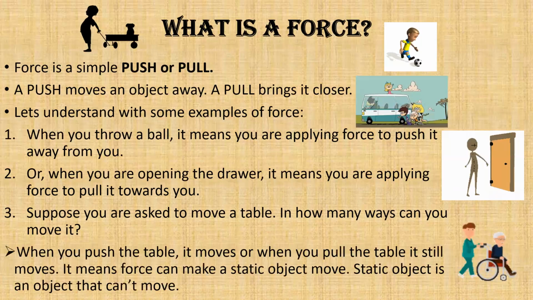When you push the table, it moves, or when you pull the table, it still moves. It means force can make a static object, meaning a rest object, move. A rest object is an object that cannot move, that is not moving. Static means rest. So rest objects can be called static objects.